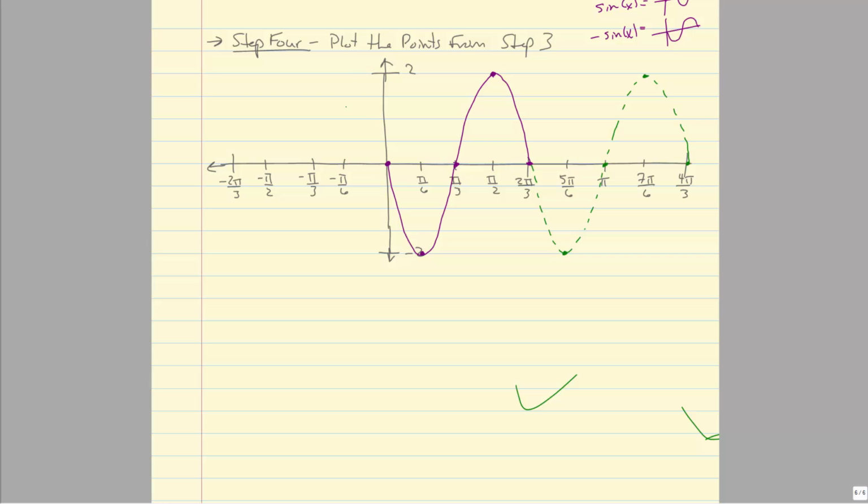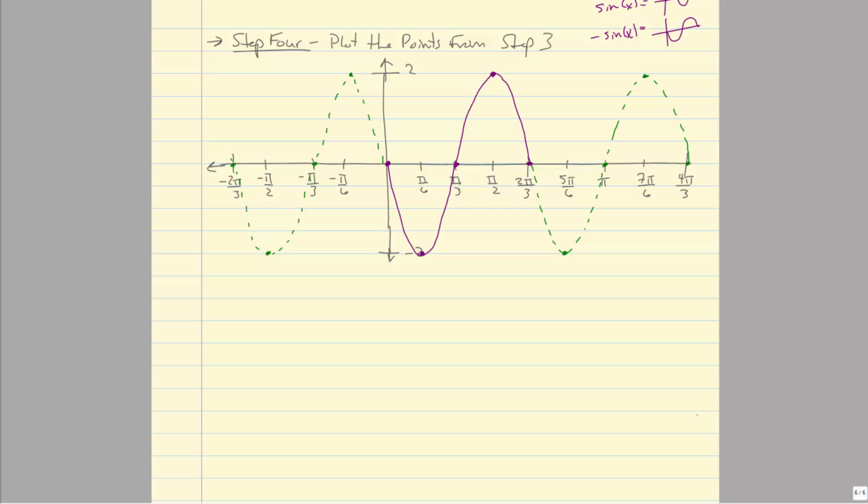So I have 3 full periods here that are shown. So that would be an example of drawing the graph then and sketching those additional periods. So that's step 4. Step 5 is technically connecting the points.